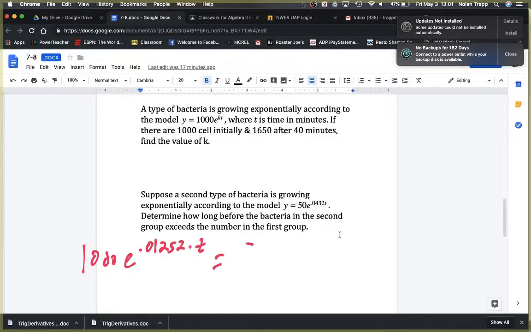And this would be equal to this new equation. So, first thing, we want to know when this group will be more, is what it said. So, divide by 50, divide by 50. I get, what, 20?